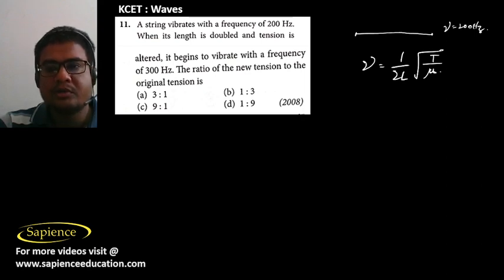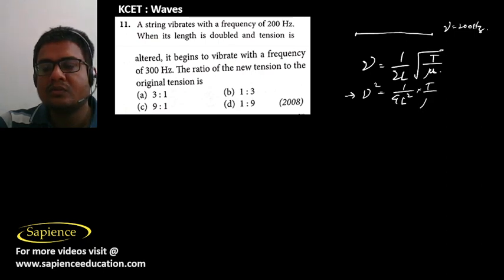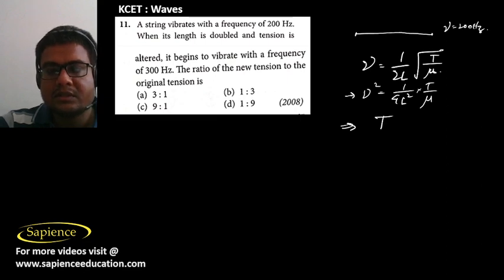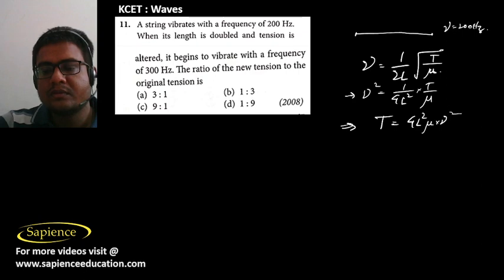So mass per unit length is constant. Therefore, we can say that nu square is equal to 1 by 4 L square into T by mu. So therefore, the tension in the string will be equal to 4L square mu into nu square.